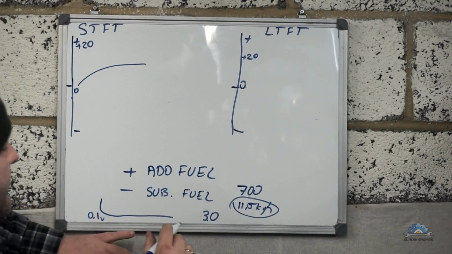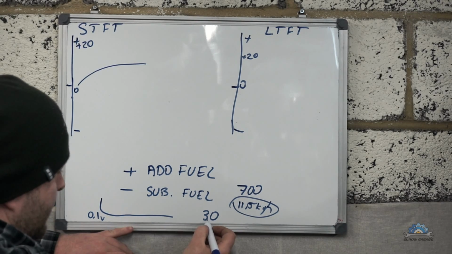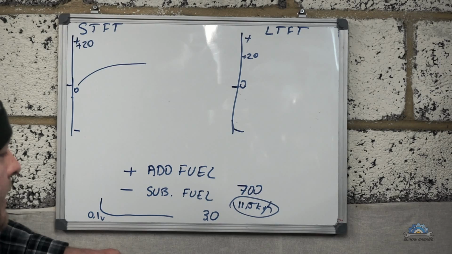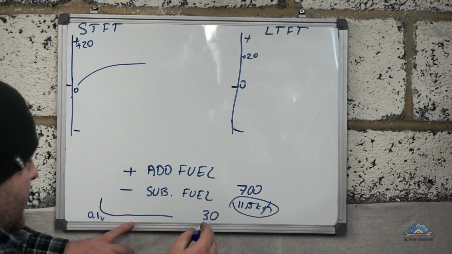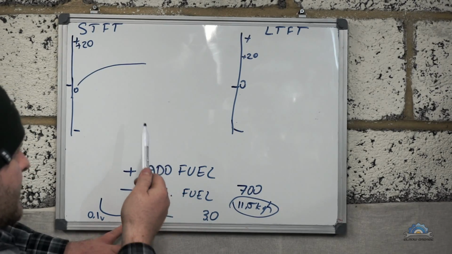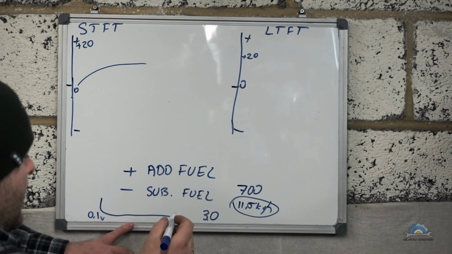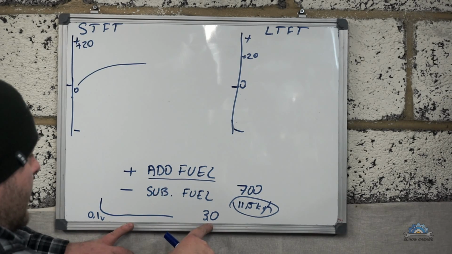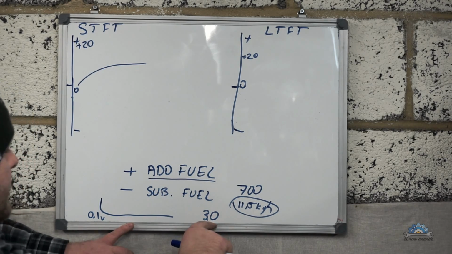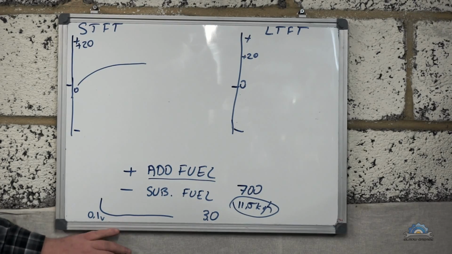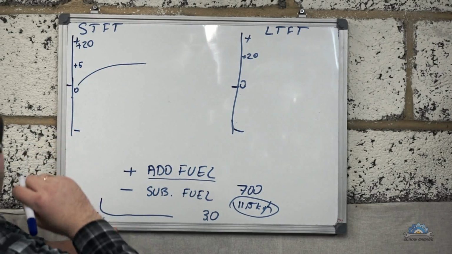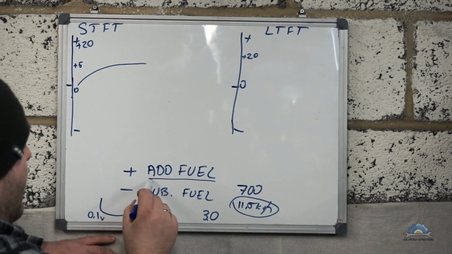I don't have enough fuel because the pressure is lower than it's supposed to be. We don't know that because somebody didn't check the fuel pressure. That's why it's easier to check what the fuel trims are doing. So please add fuel, because the amount of air is correct, but the amount of fuel is smaller because the pressure is smaller. So let's say around +5. We have a lean condition, add fuel.